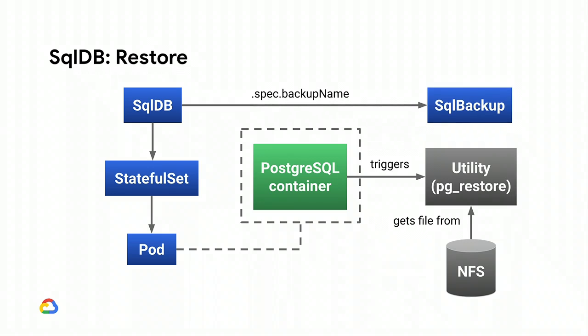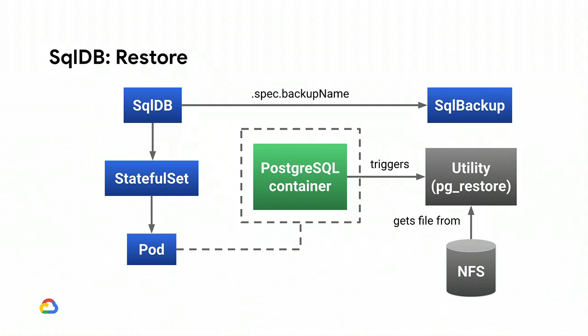And lastly, for the restore workflow, the users create a second SqlDB resource. This time, this SqlDB resource has one additional API field that references back to the SQL backup resource. Why do we want to do this? Because we want to get the backup file information from the backup resource.